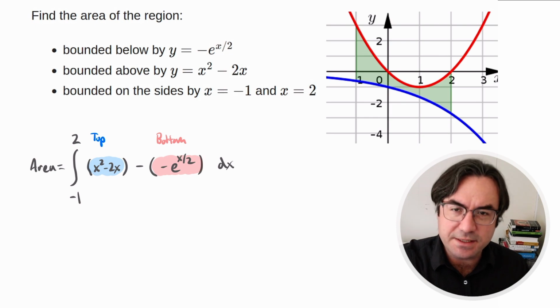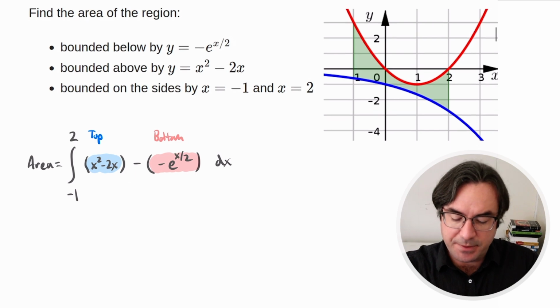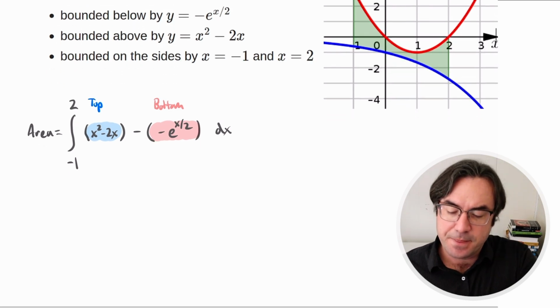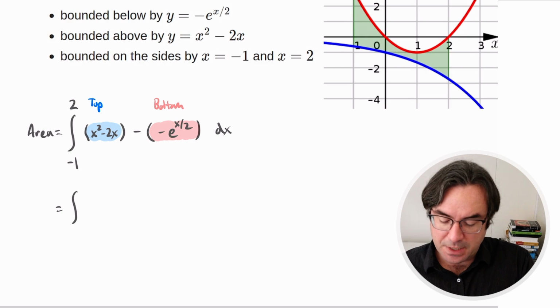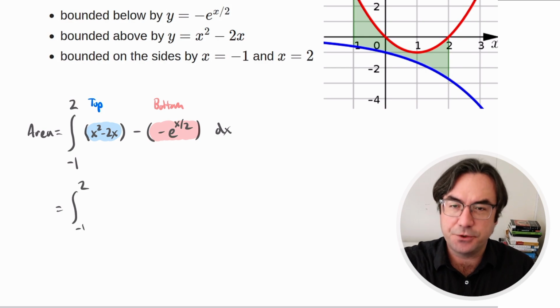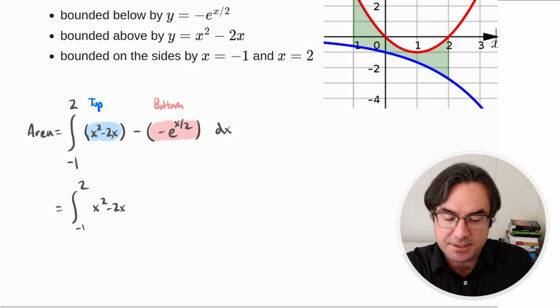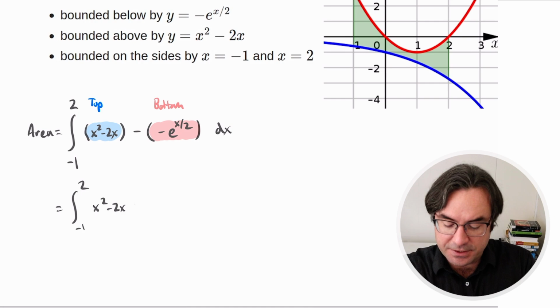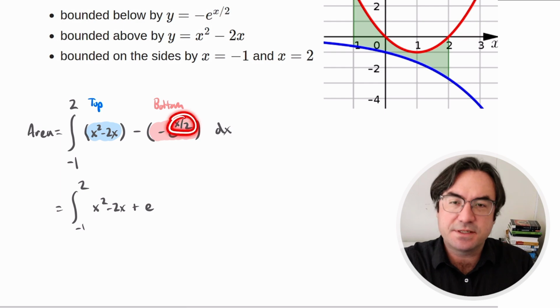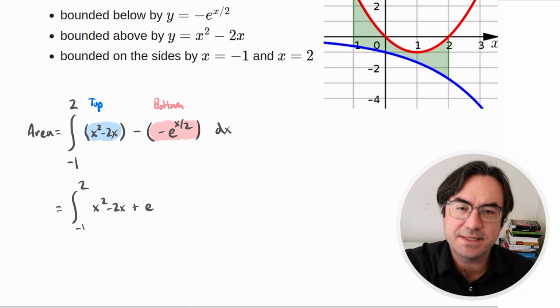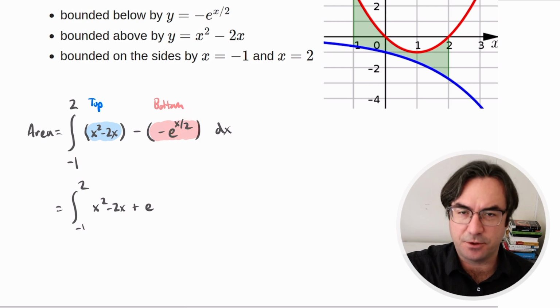Before we get into the integration, let's simplify the double negatives here. Usually a good thing to do. So we'll be going from negative 1 to 2. We'll have our x squared minus 2x. And again, if we take care of the negative here, that's going to become plus e to the... Now I could leave this as x over 2, but I think it's helpful to rewrite this a little bit.